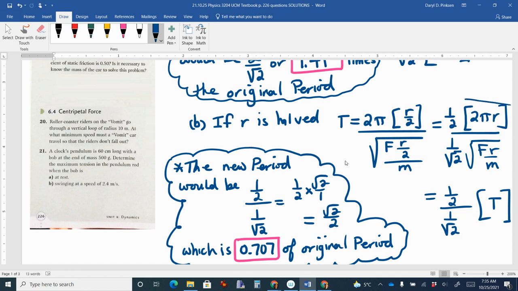This is your original period. And so we have a half over 1 over root 2, and when we rearrange that, we get root 2 over 2, and that's 0.707. So that's how the period changes if we halve the radius but keep the force the same.